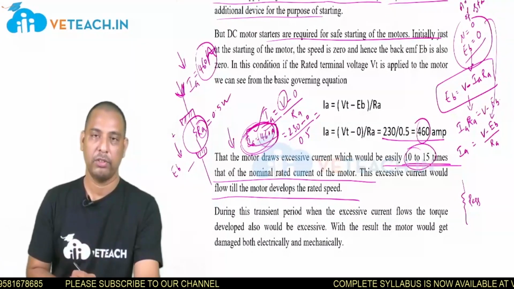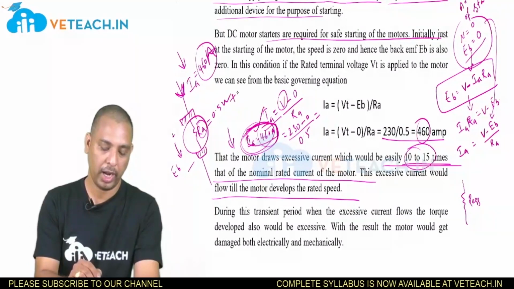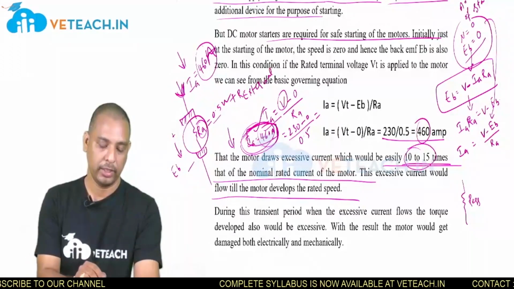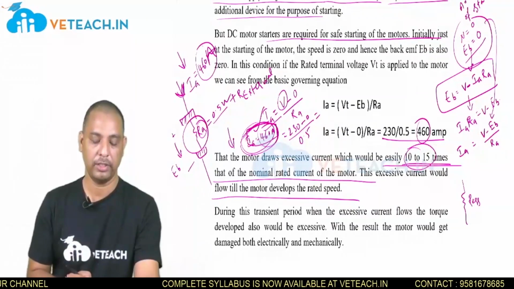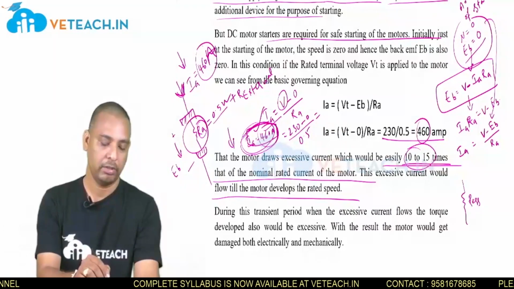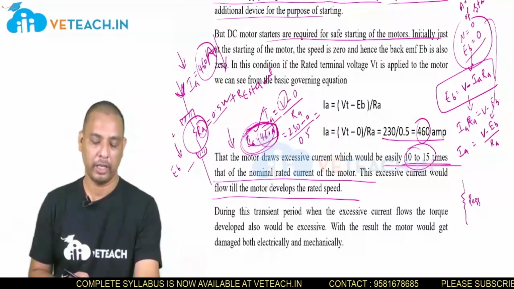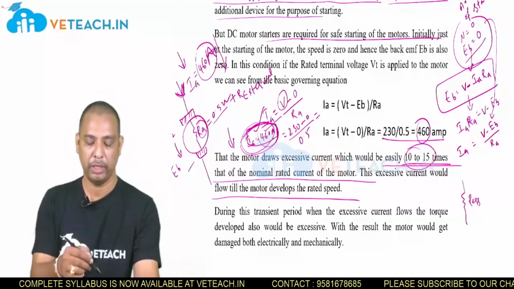Everybody knows how to reduce this resistance. If I add some other external resistance in series with the armature resistance, then the initial 460 amperes starting current is going to be minimized.